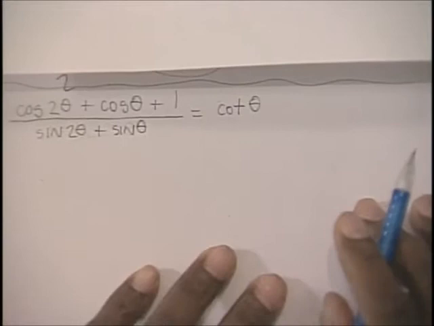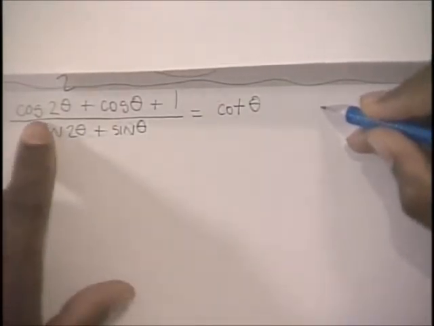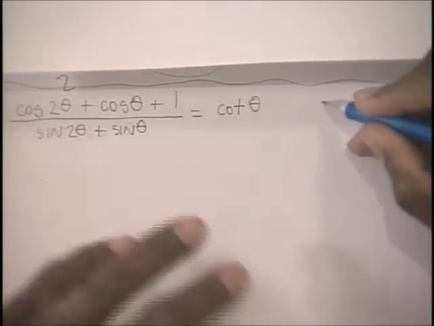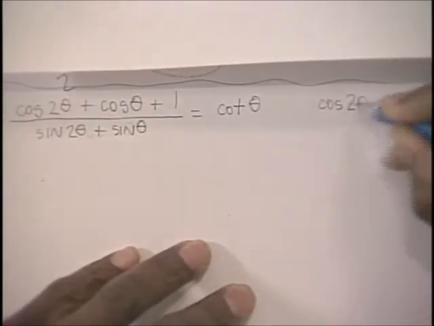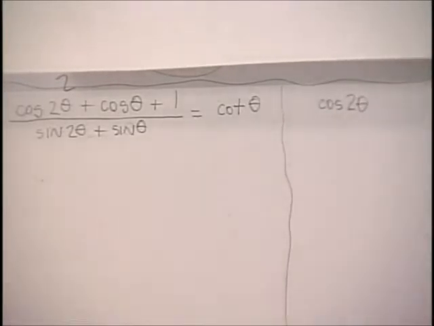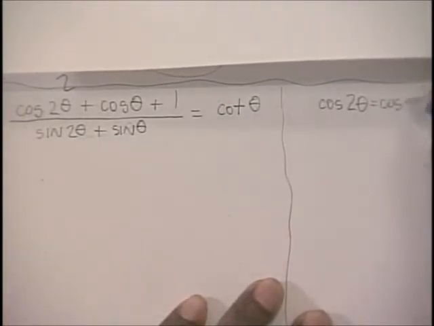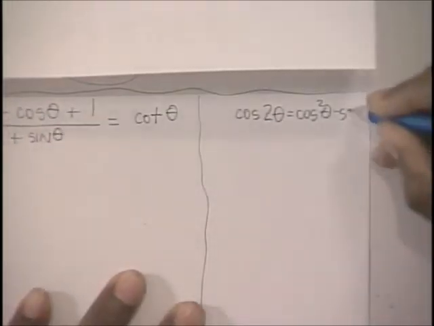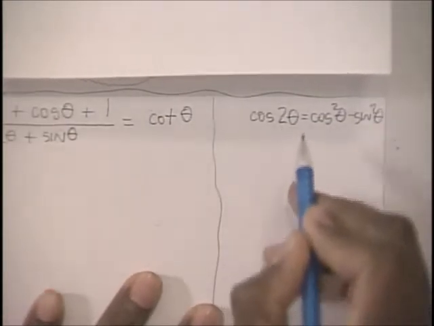One of the things you have to know is that the cosine of 2 theta is equal to cosine squared theta minus, oh, you can't see that. Boy, I'm very sorry. Minus sine squared theta. You would have to go into a test knowing that.